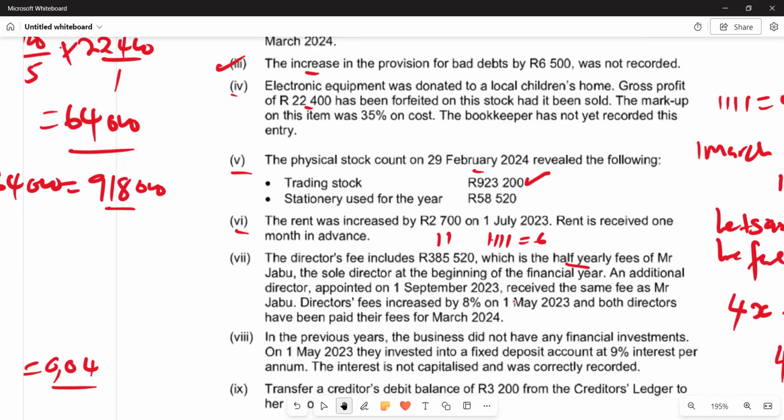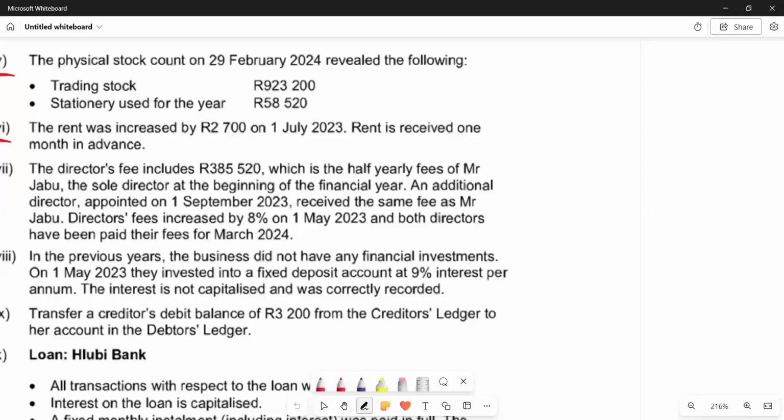So we can come up with an equation that will lead us to the director's fees monthly after it was increased, and then we can multiply by 2. So this 385,520 is for 6 months from March 2023.